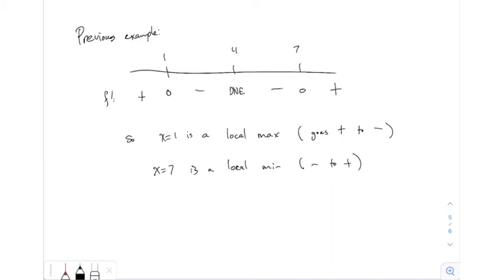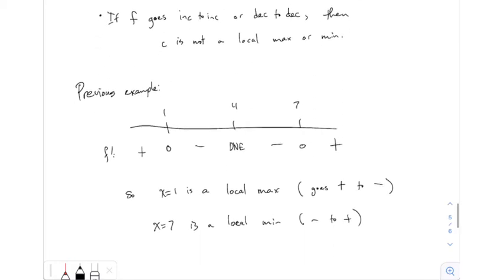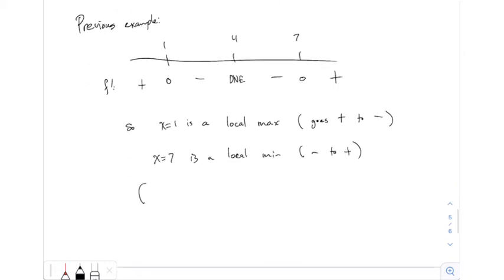And this rule, the first derivative test, I guess you just have to memorize, although I think it's pretty easy to remember. If it goes plus to minus, that means it goes up and then back down again, which means your point is a maximum. All right, and I will just say parenthetically, x equal 4 is not a minimum or a maximum, right? In fact, in this particular example, x equal 4 is not even part of the domain of the function, right? It was an asymptote.